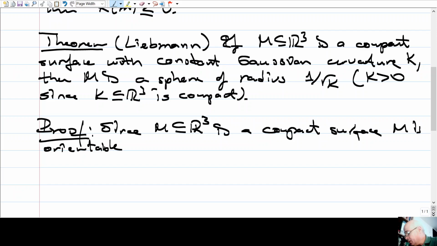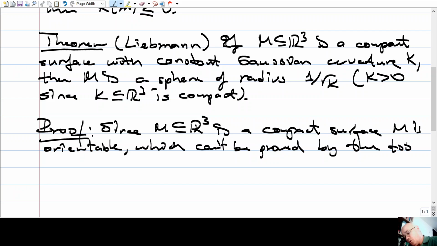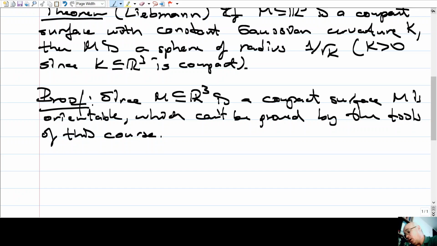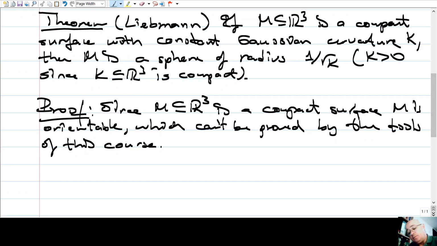This is a fact which can't be proved by the tools of this course. We need intersection theory or characteristic classes. So this is a fact which we will borrow from algebraic topology basically.